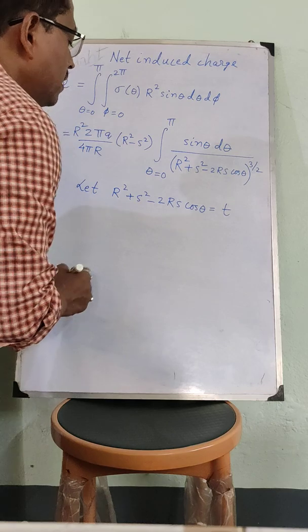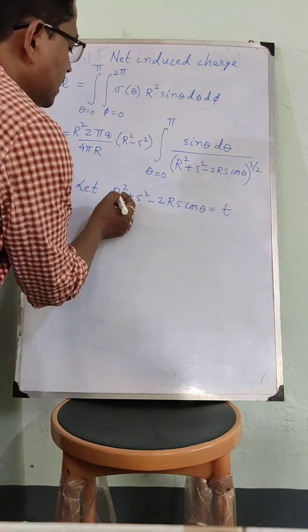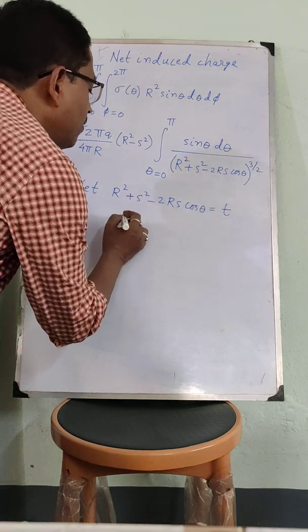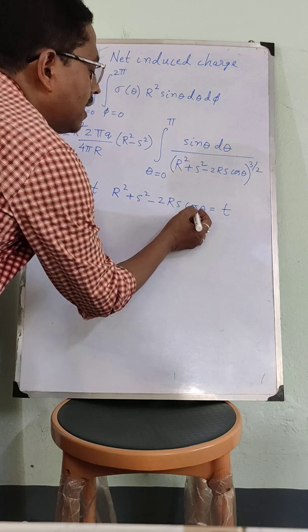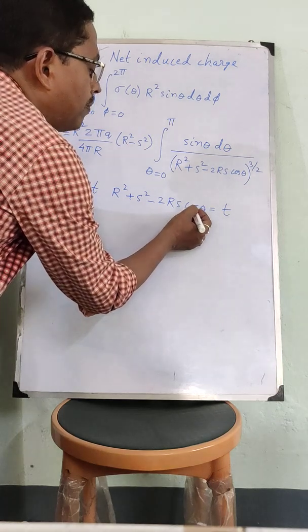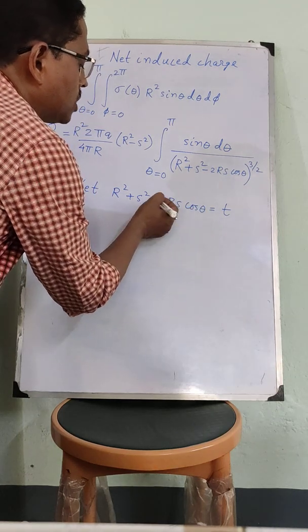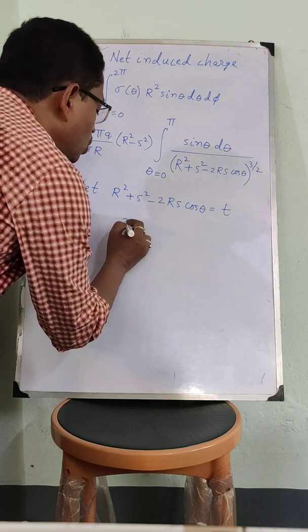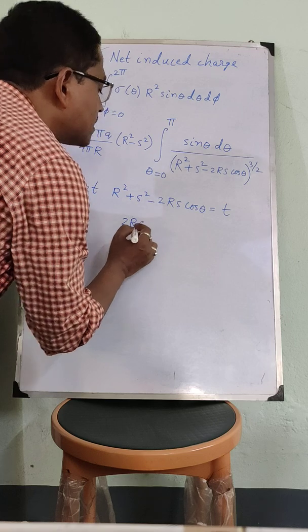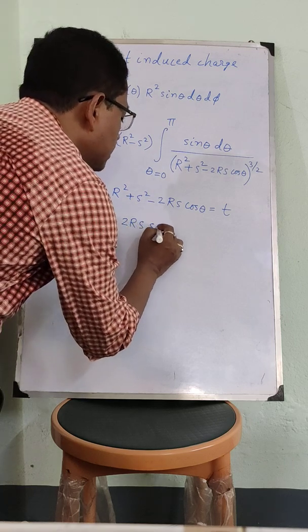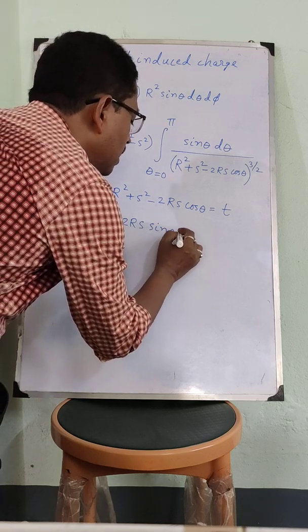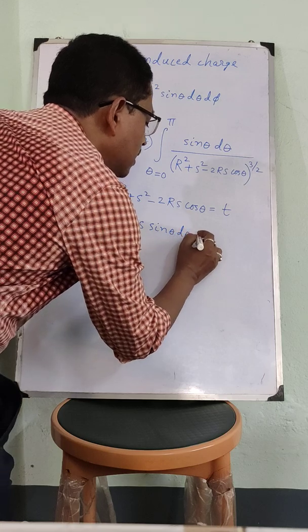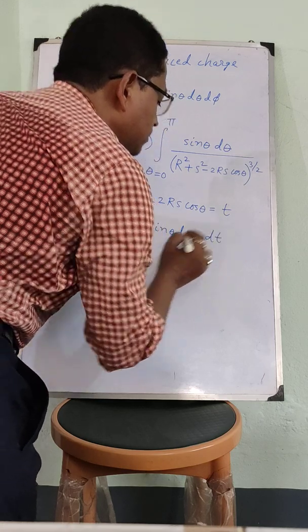Then if I differentiate, these are constants. I have cos theta here, so if I differentiate, I will have minus sin theta. That minus will make this minus plus. So we will have 2Rs sin theta d theta equal to dt.